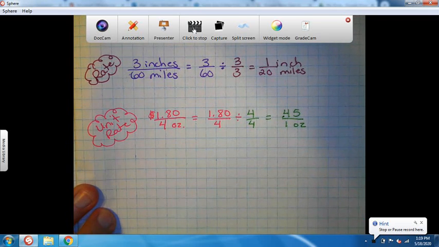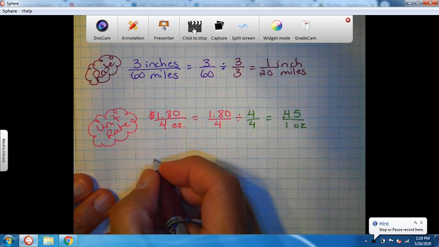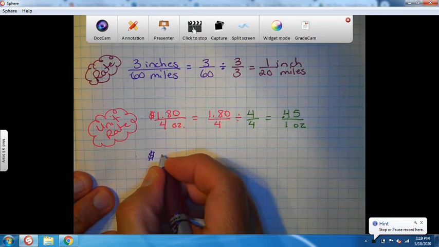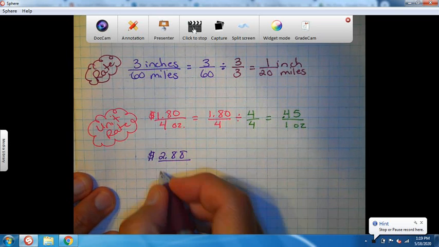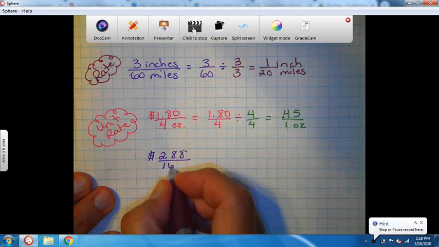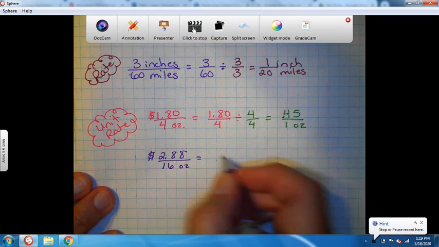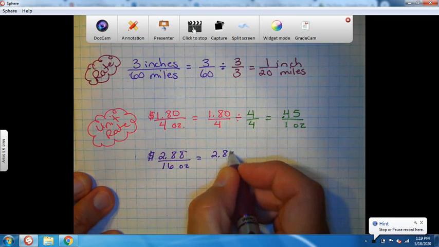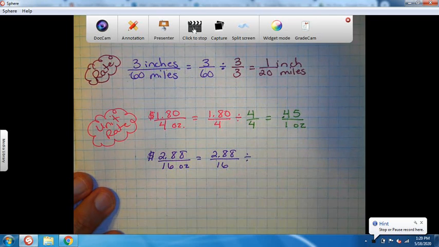So let's try something that is $2.88. So now the peanut butter is $2.88 for 16 ounces. Okay, so we have to figure out which one's a better buy. So we're going to divide by, see if 16 goes into 288, and it does.